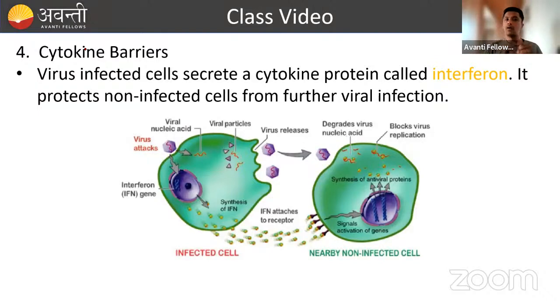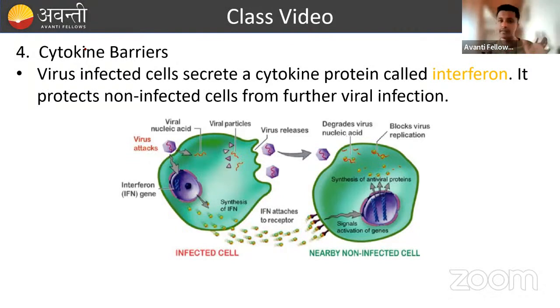Now, once the virus has made an entry, it infects the cells. Once the virus infects the cells and the cell's functioning is modified, the cell will understand that it is under attack. If I am under attack, would I warn my neighbors?